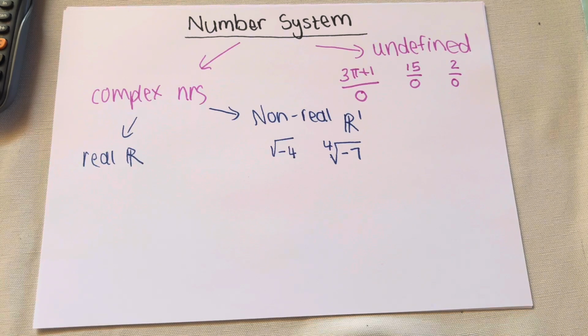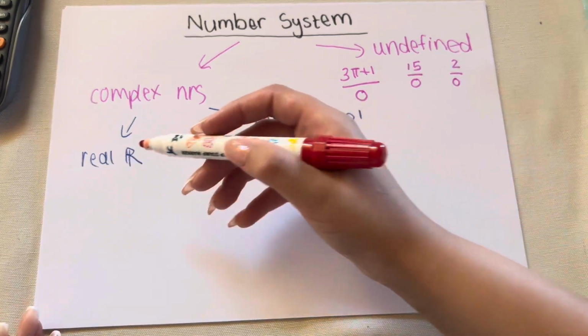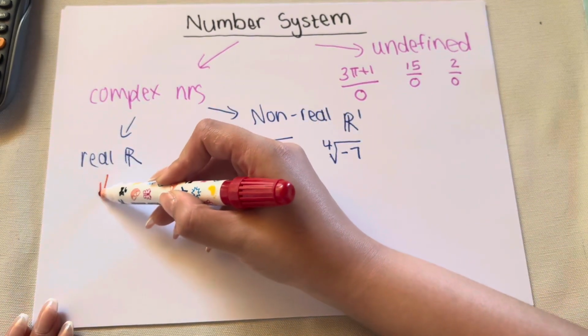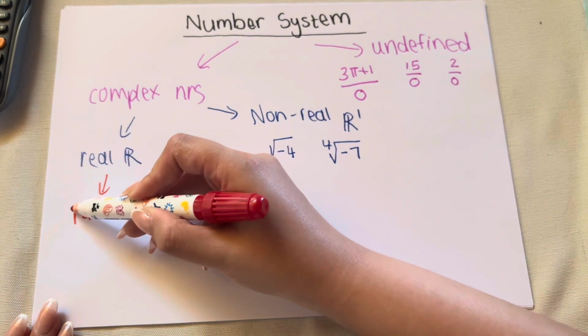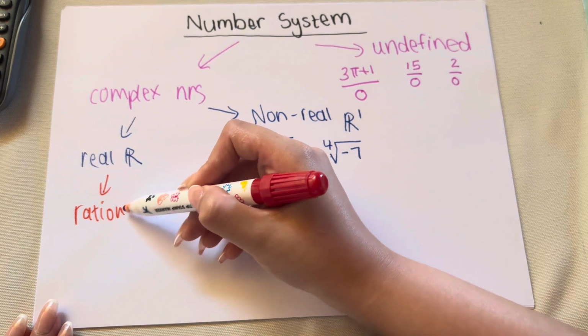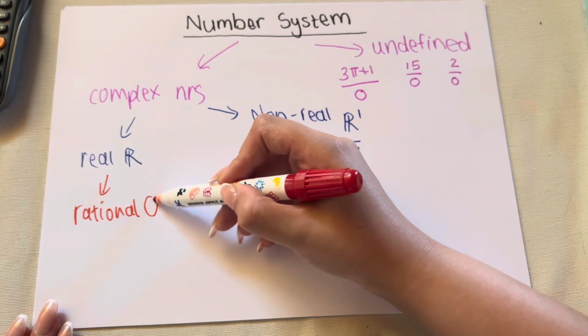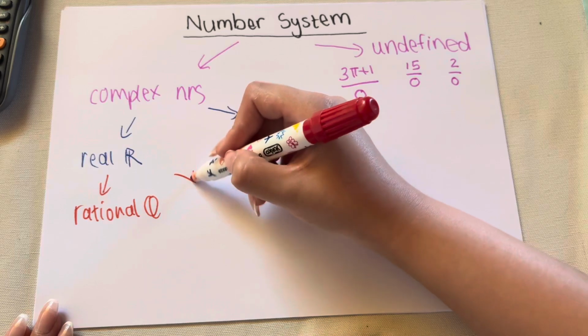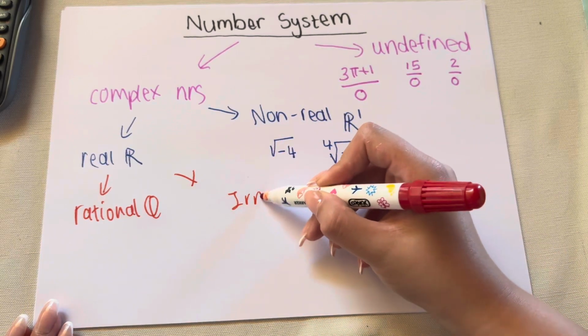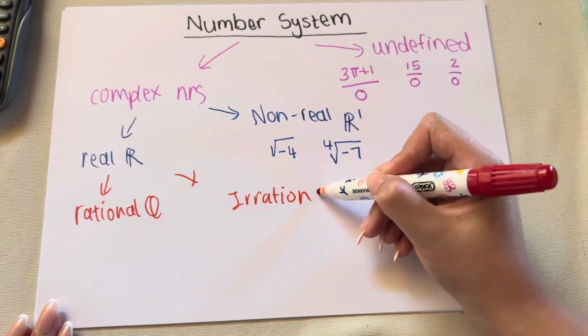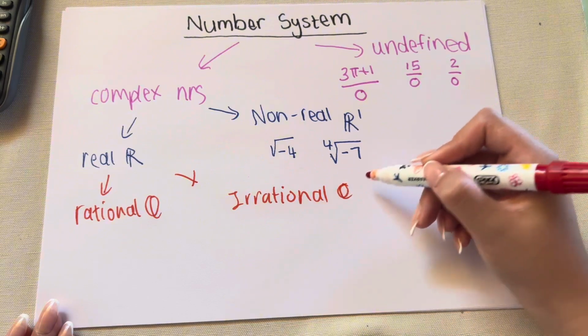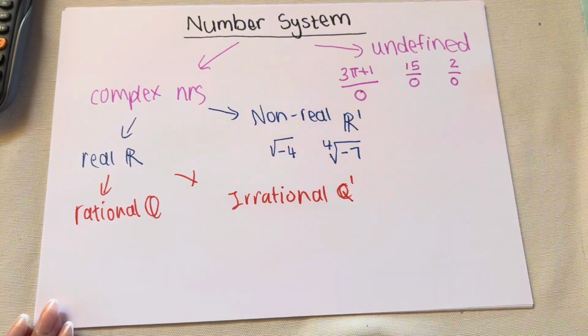Now, real number system. This one is a massive suitcase that contains little bags inside. So the real numbers can now be classified as rational, denoted with a Q, or irrational, denoted with Q dash.